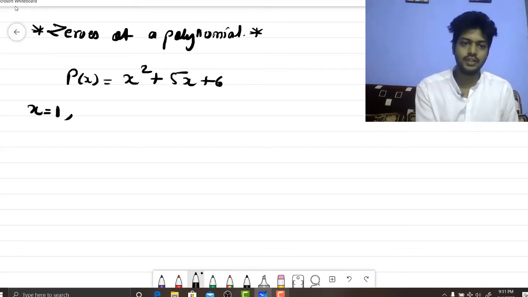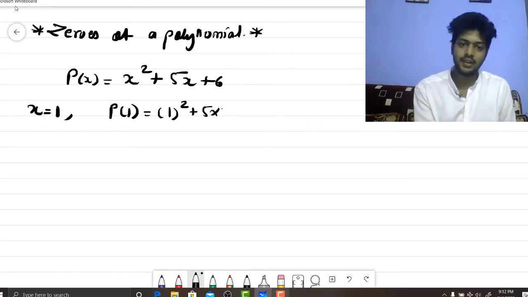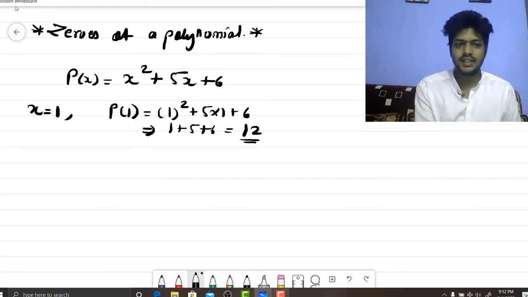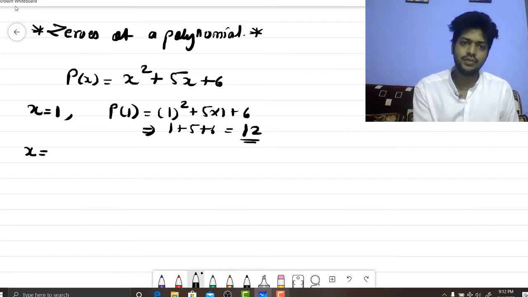What you will do is put the value of x as 1 in the polynomial expression and find 1 square plus 5 into 1 plus 6, which is 1 plus 5 plus 6 equals 12. Okay, pretty simple, right? Now let's say I give you another value of the variable and ask you to find the value of the expression at x equals minus 2.